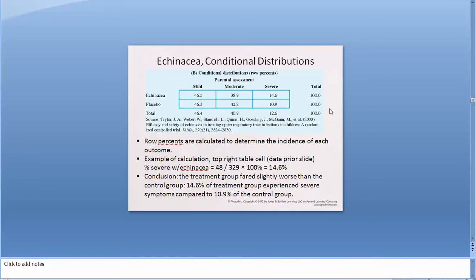And then from the row percents, you can sort of see that, okay, it looks to me as if, actually, look, if you think about the children who were given the drug, they are in the severe category more than those who were given the placebo, right?